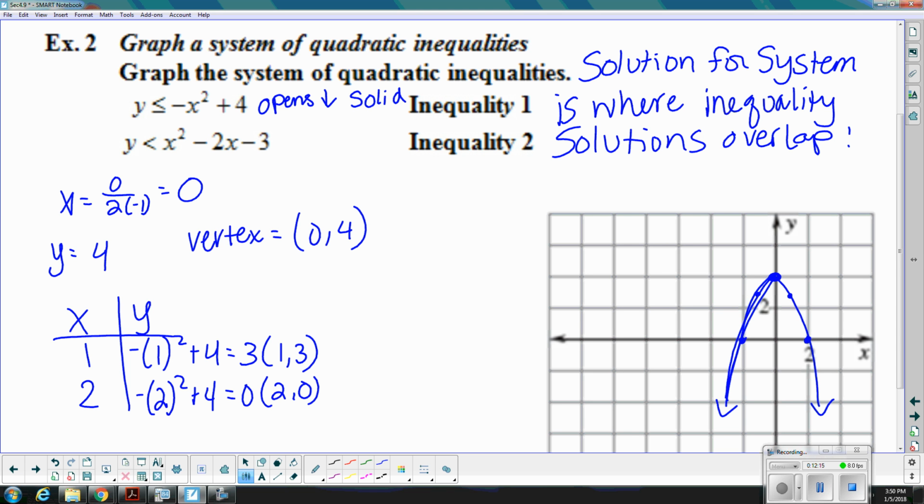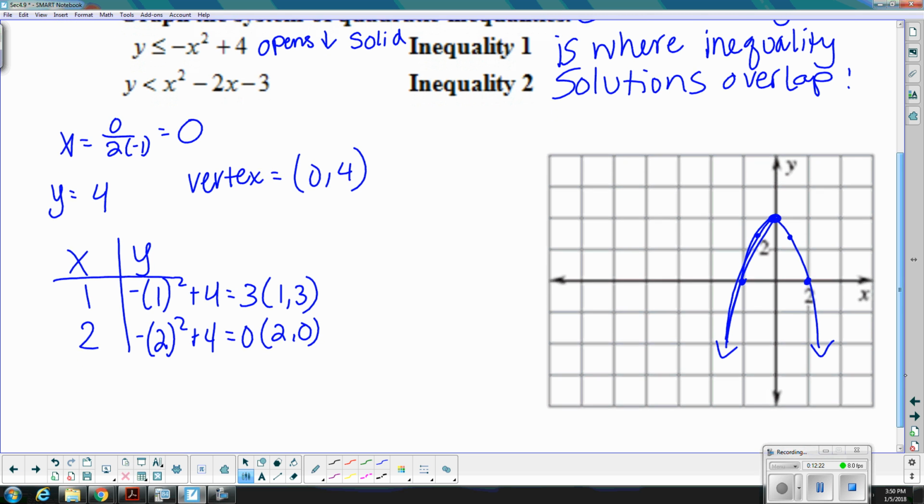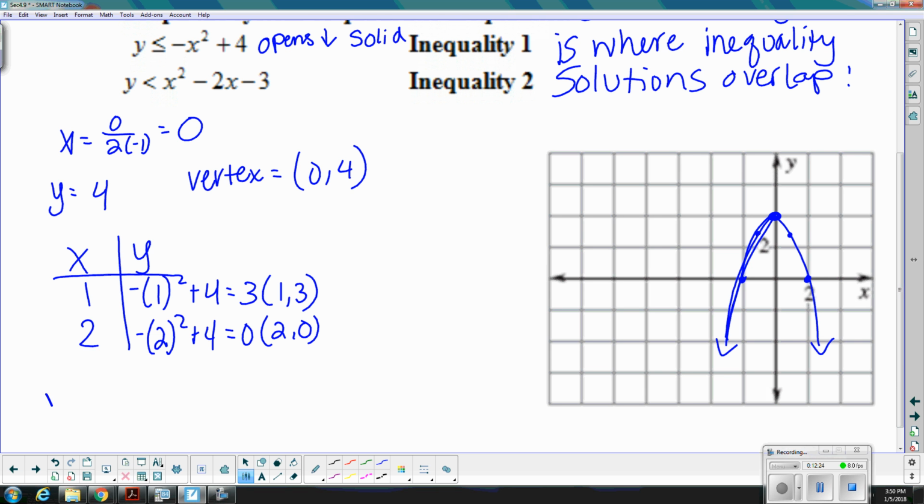All right, now I'm going to test a solution. So I'm going to test 0, 0, because it's inside my parabola, it's not on my line. And when I test 0, 0, I plug in 0 for y. So is 0 less than or equal to negative 0 squared, which is 0, plus 4? So is 0 less than or equal to 4?